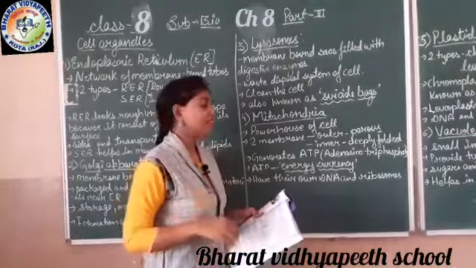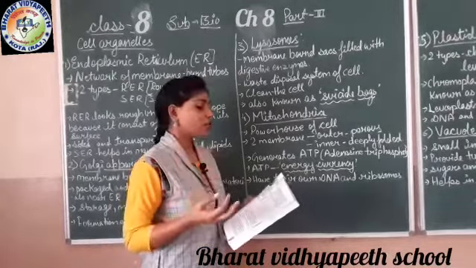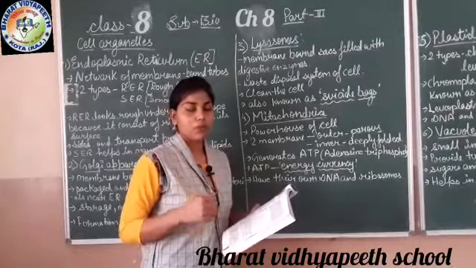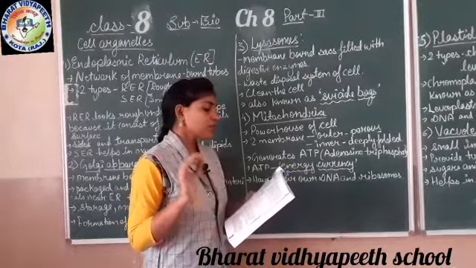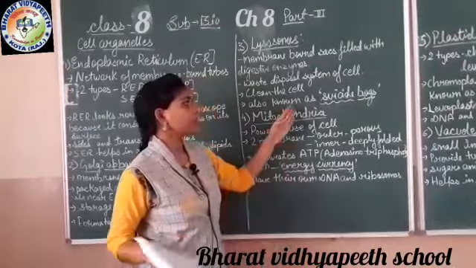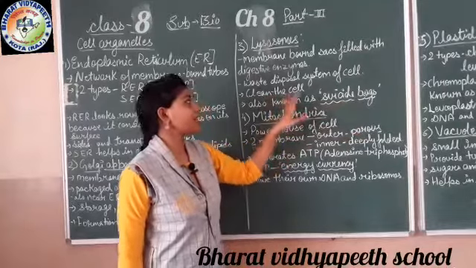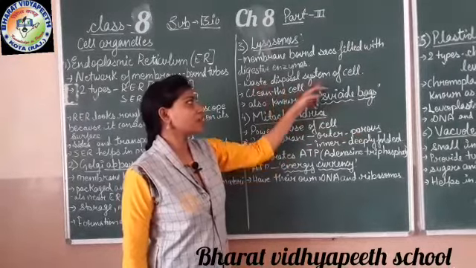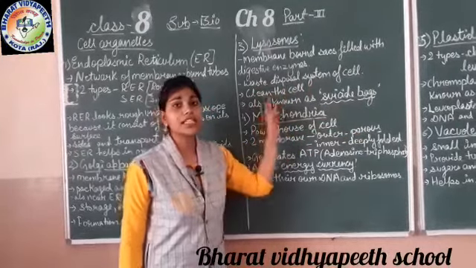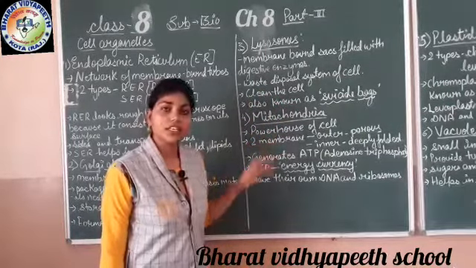That's why it is known as a suicide bag. It completely destroys its own cell, bursts it and digests it. It also cleans the cell. It works as a waste disposal system, which is why we say it cleans the cell. It removes all the waste products of the cell.